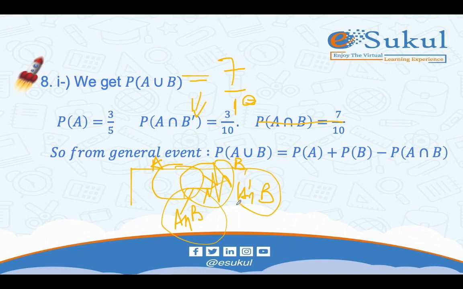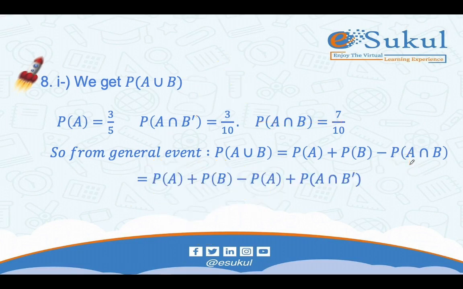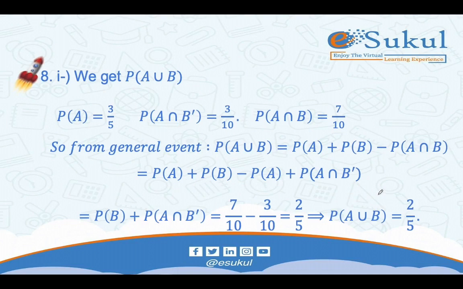Making this the subject of the formula and replacing in the values, we have this equation. Simplifying and replacing the values, we have P of B equals 2 over 5, where this should be P of B and not P of A.